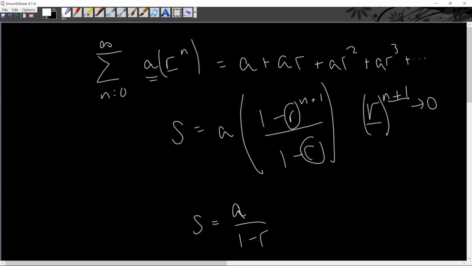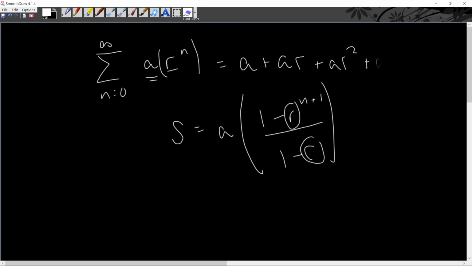So yeah, and if a is like 1 over some value, like 2 or 3 or something, then you can also generalize this to just be 1 over 1 minus r. But yeah.